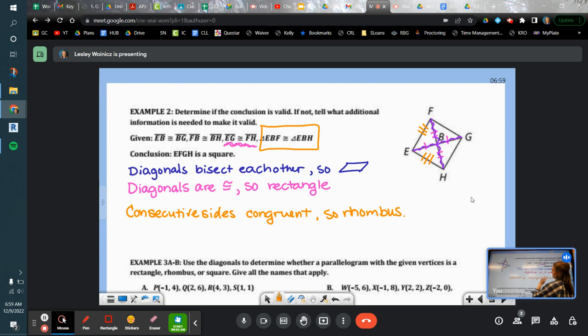So if it's a parallelogram, a rectangle, and a rhombus, it's a square. So this is valid.